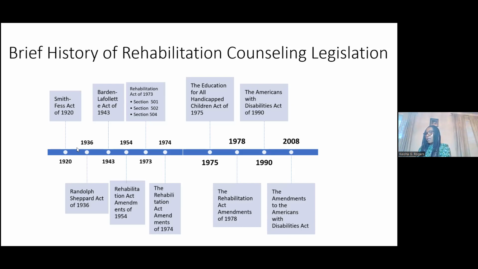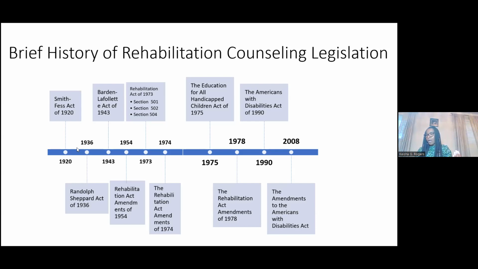The Barden-LaFollette Act expanded vocational rehabilitation services to people with not just physical disabilities, but also mental and visual disabilities as well. And then we have the Rehab Act amendments of 1954, which authorized research and demonstration grants, extension and improvement grants, and funds for facility development.